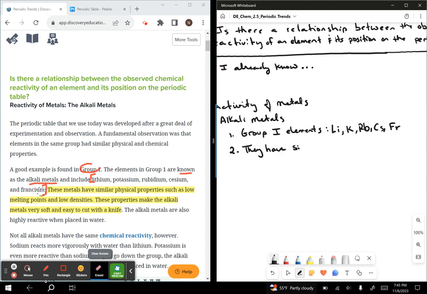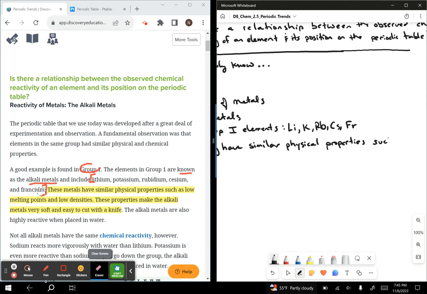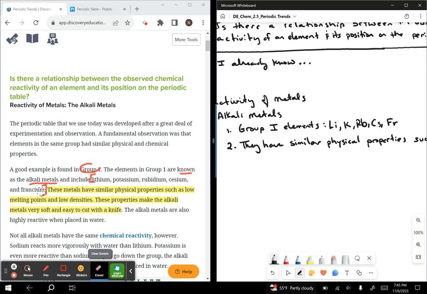They have similar physical properties such as low melting points and low densities.